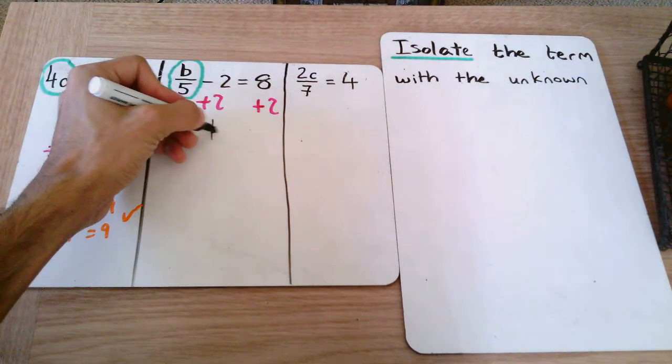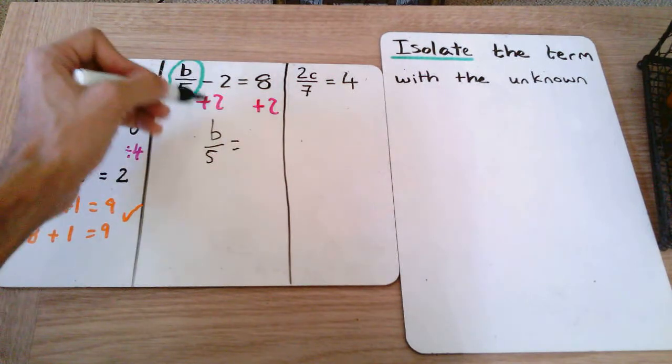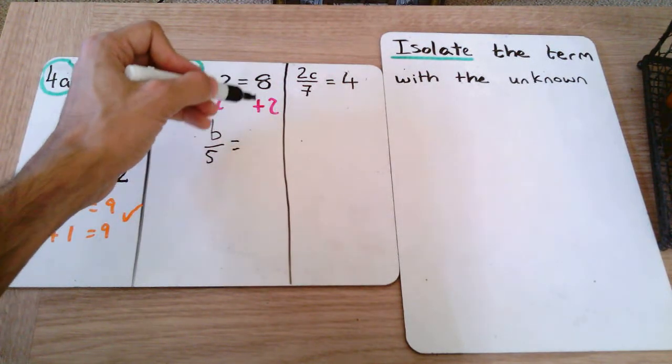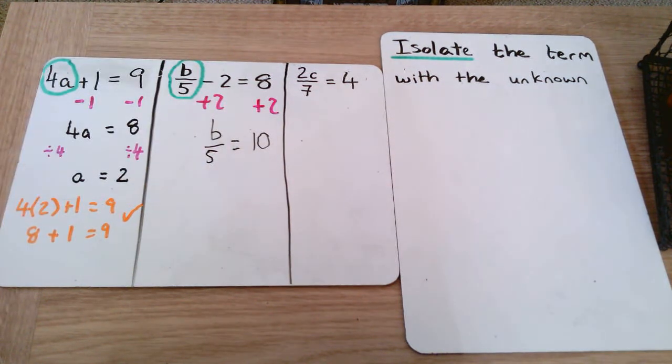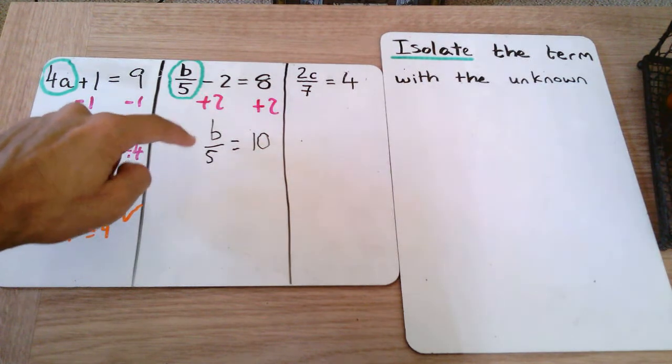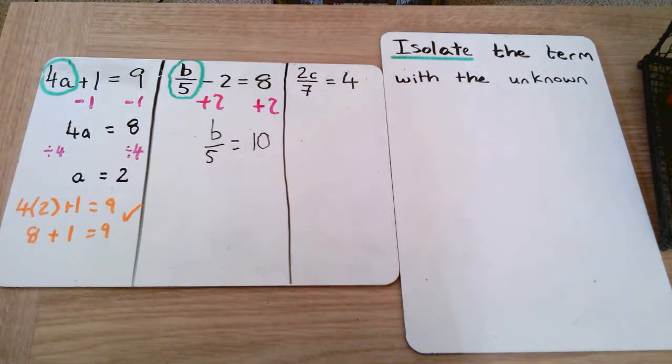b over 5 is equal to: the minus 2 and the plus 2 cancel out. 8 plus 2 is 10. And that's given us a value of b over 5. Now we don't want b over 5, we want the value of b and only b. If I've divided a value by 5, to get rid of that dividing by 5, I need to do the inverse.